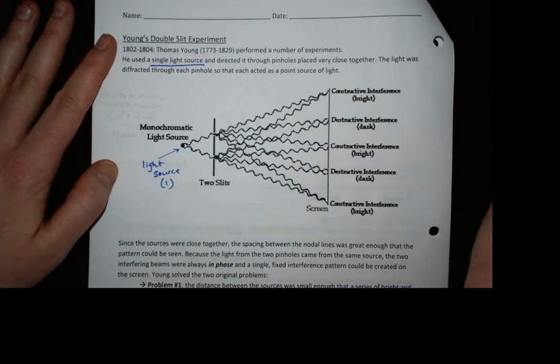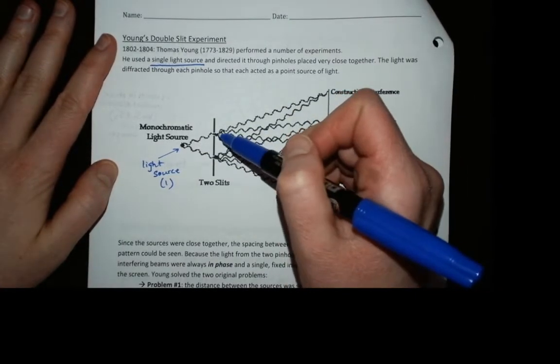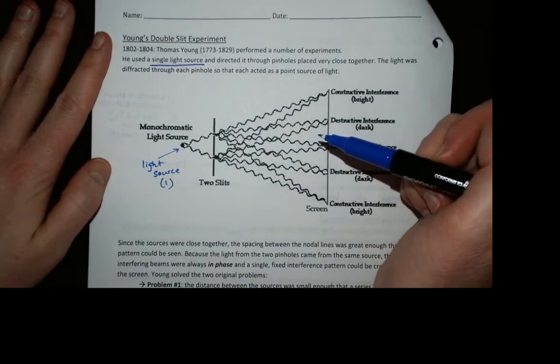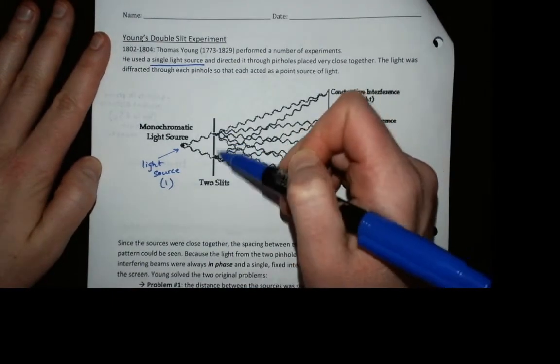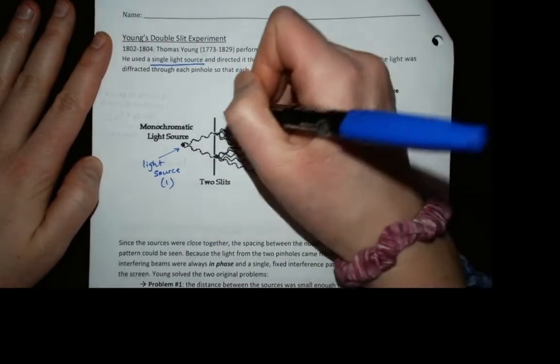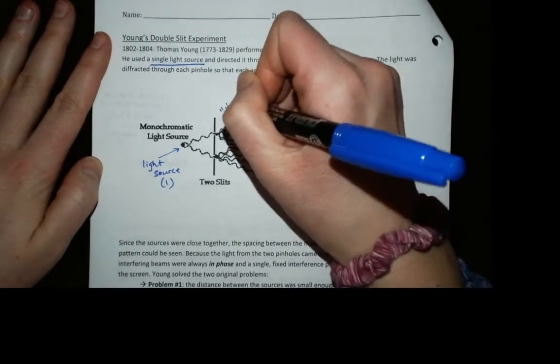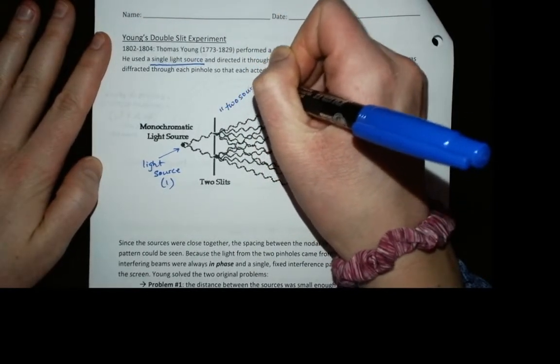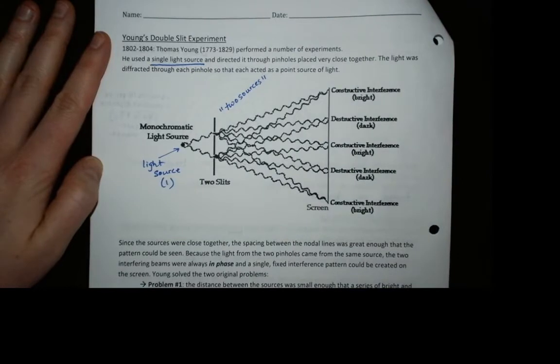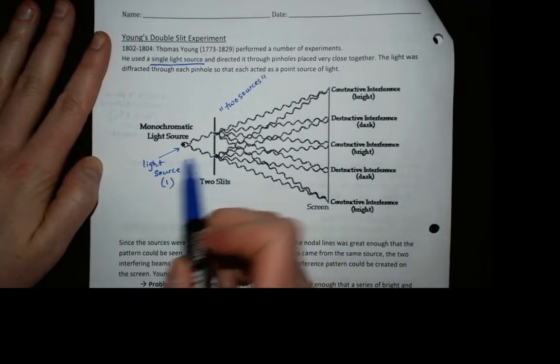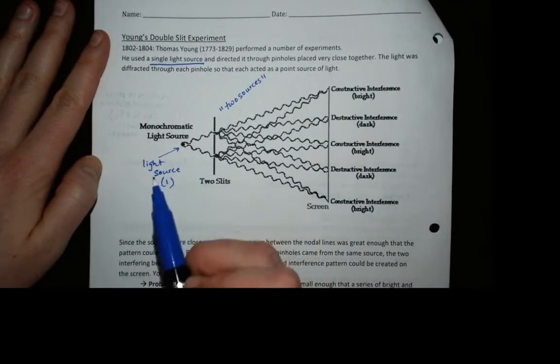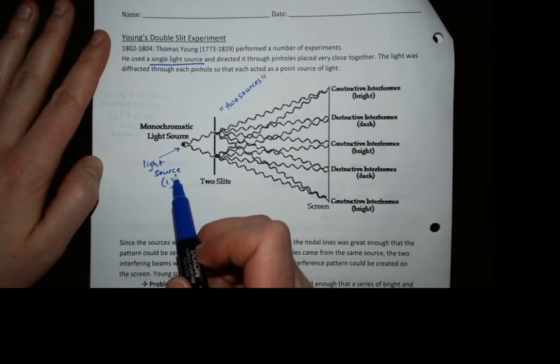And the light was diffracted through each pinhole, so the waves moved through the gap, through the hole. And by having these two slits, they both acted like their own source of light. So we created two different places the light was coming from, or two sources, but they were both produced by one single bulb. Okay, and this was super, super key.